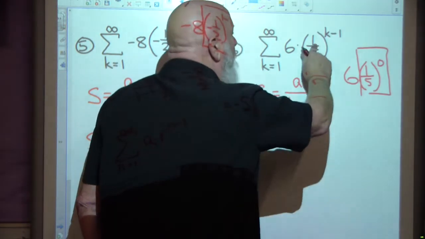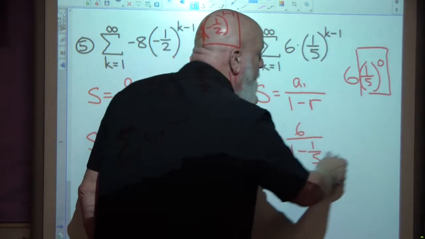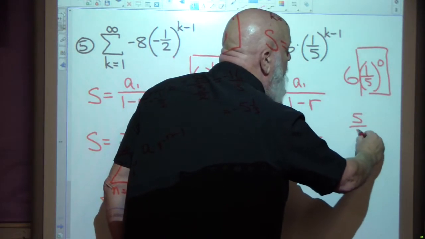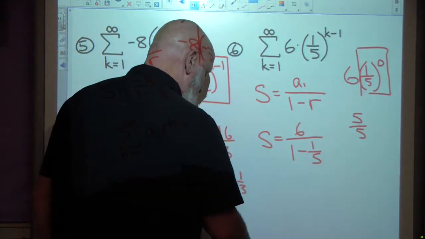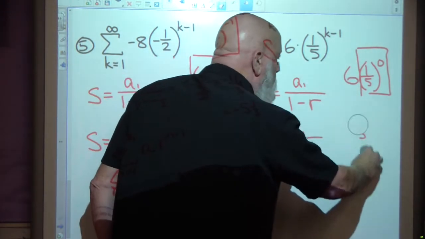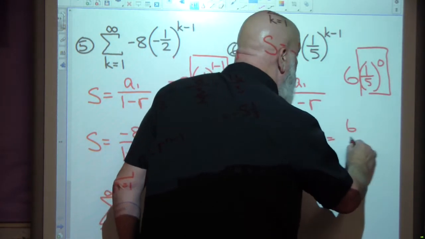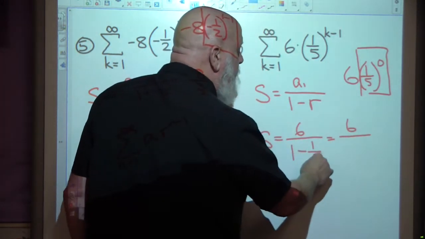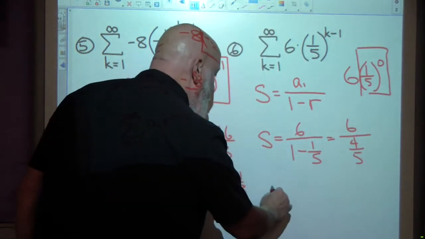1 minus r is 1/5. This 1 is like 5/5. 5 over 5 is 1. So I'm thinking 5/5 minus 1/5 is 4/5. So that gives me 6 over 4/5. And I do this arithmetic.